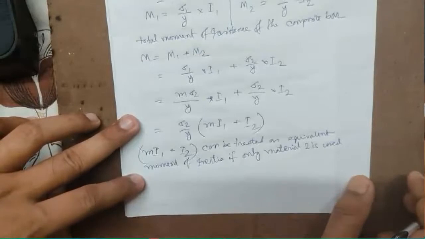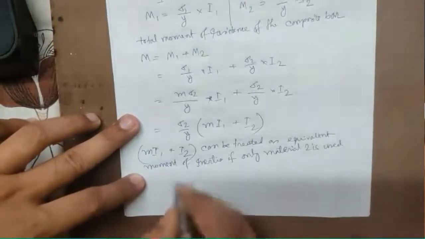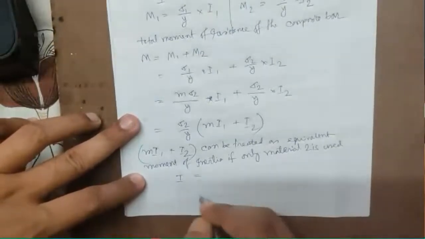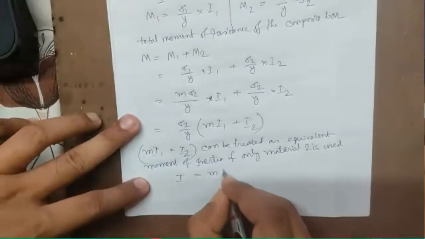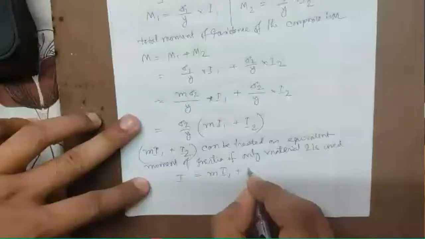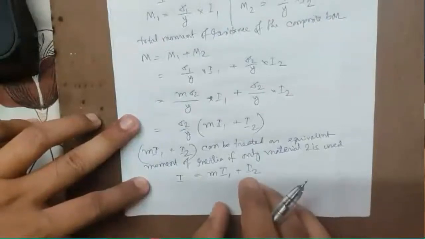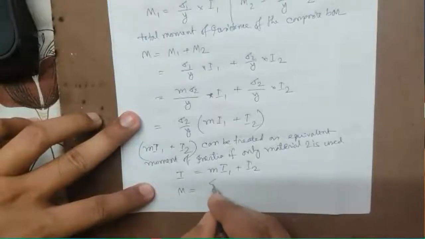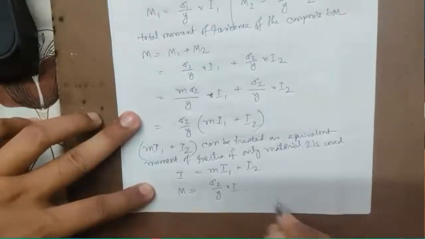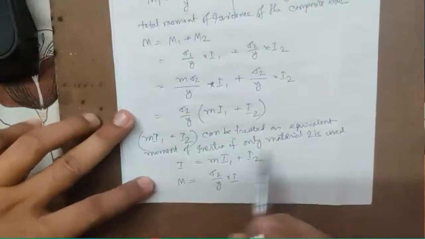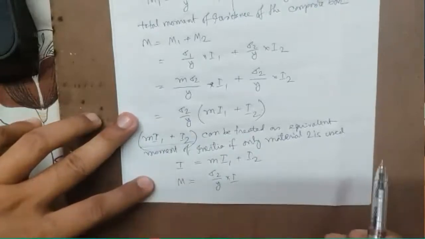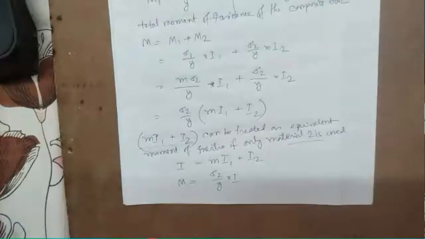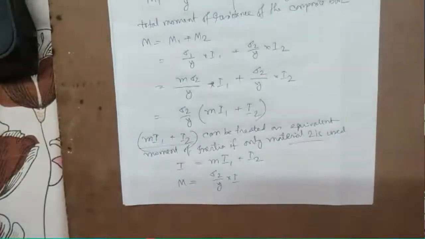Okay, so we can write I, which is equivalent moment of inertia, is equal to m into I1 plus I2, and in that case M can be written as sigma 2 by y into I, where I is equivalent moment of inertia if only material 2 is used. Now this thing can be used in problems.